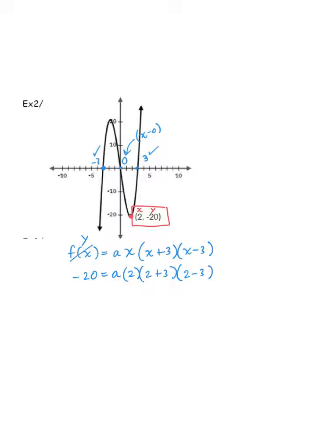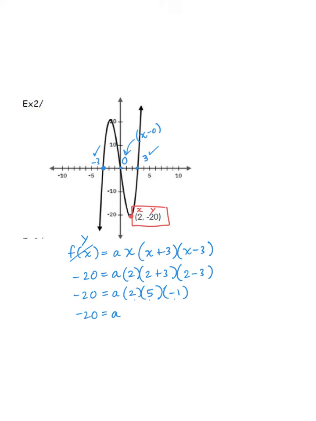So let's solve this equation. -20 equals a, 2 multiplied by 2 plus 3, that's 5, multiplied by 2 minus 3, which is -1. So I get -20 equals a, and 2 times 5 is 10, times -1 is -10.